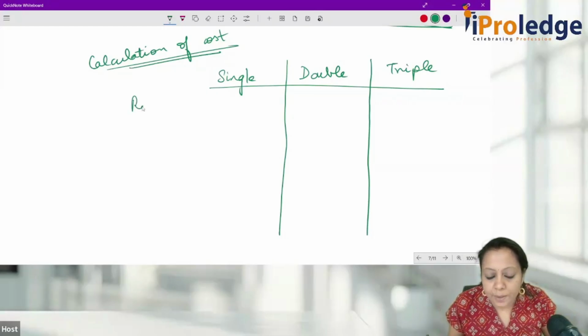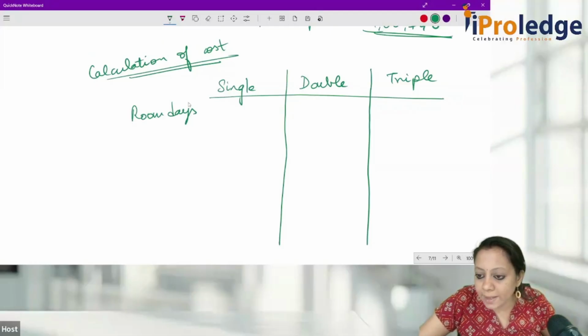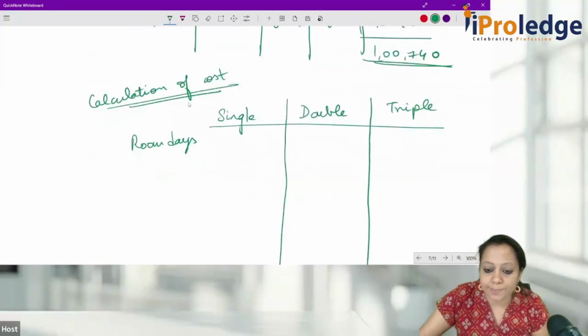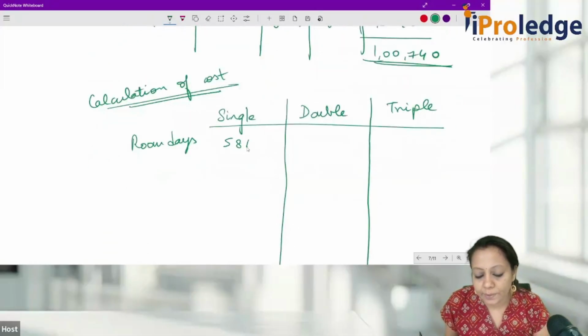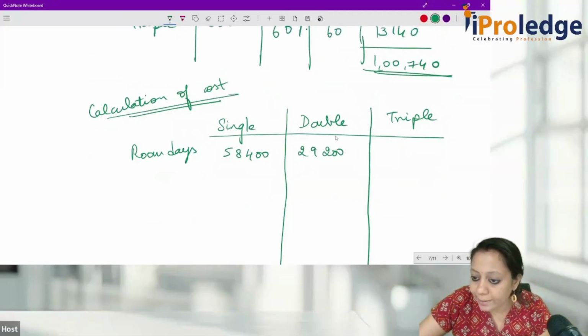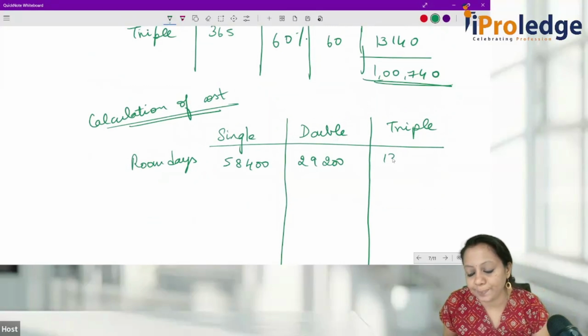So now room days, first I will add that. Room days we have calculated 58,400, 29,200, and 13,140.